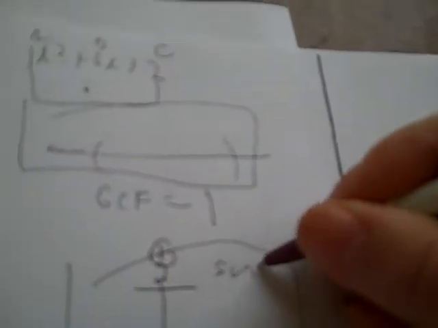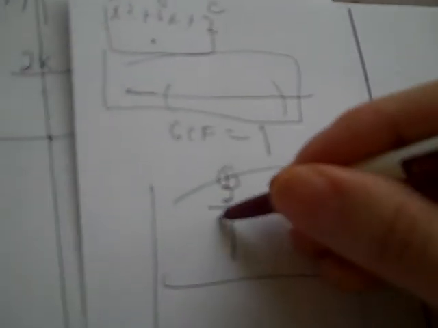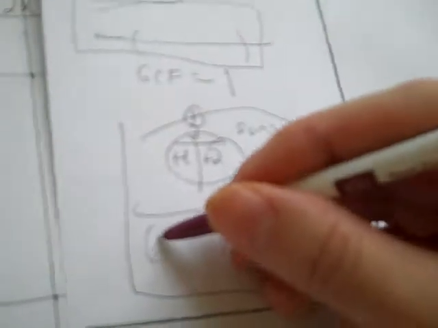So sum of 3, which is positive. 1 and 2, 1 plus 2 is 3. So 3 positive, you got 2 positive, and a positive means the signs have to be the same. Okay, A is a 1, so I just need 2 parentheses. X times X, and then plus 1 times plus 2. So I rewrite this as x plus 1 times x plus 2.